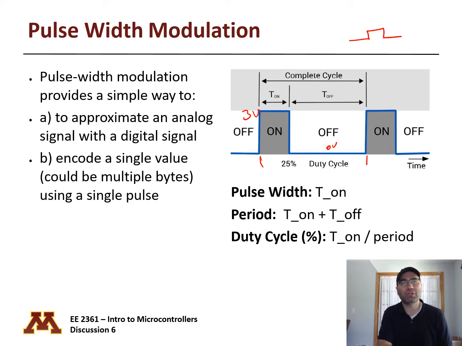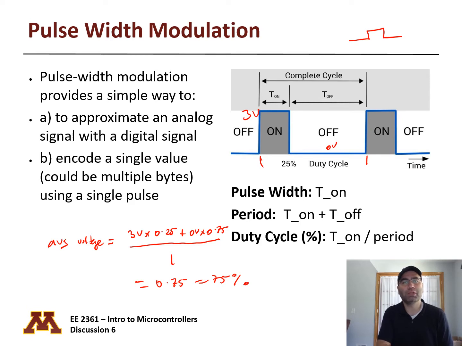The average voltage is going to be 3 volt times 0.25, for 25% of the time, plus 0 volt times 0.75, for 75% of the time, over 100%, which is 1, right?